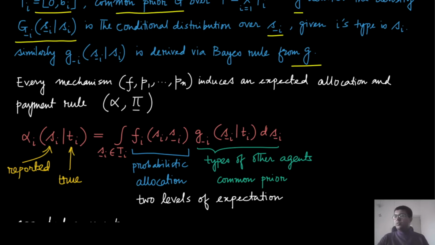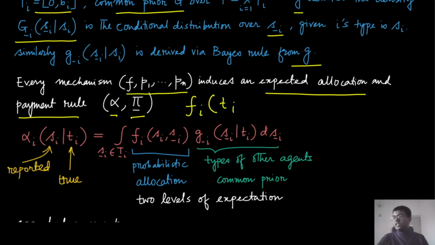Similarly, when we are talking about a mechanism, the mechanism f comma p1 to pn, we can also talk about the expected allocation and the expected payment rule, which are going to be denoted by alpha and this vector pi. And how is this alpha defined? Alpha i, as before, we had this fi of a specific allocation, so ti minus i.